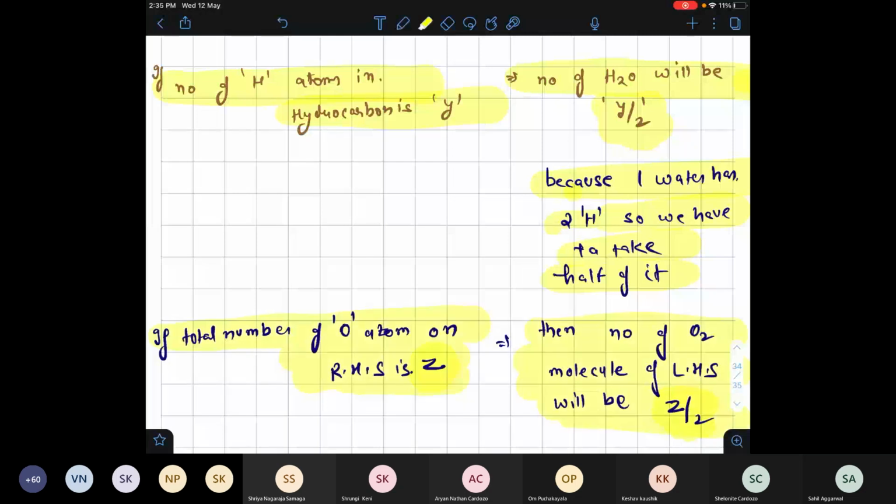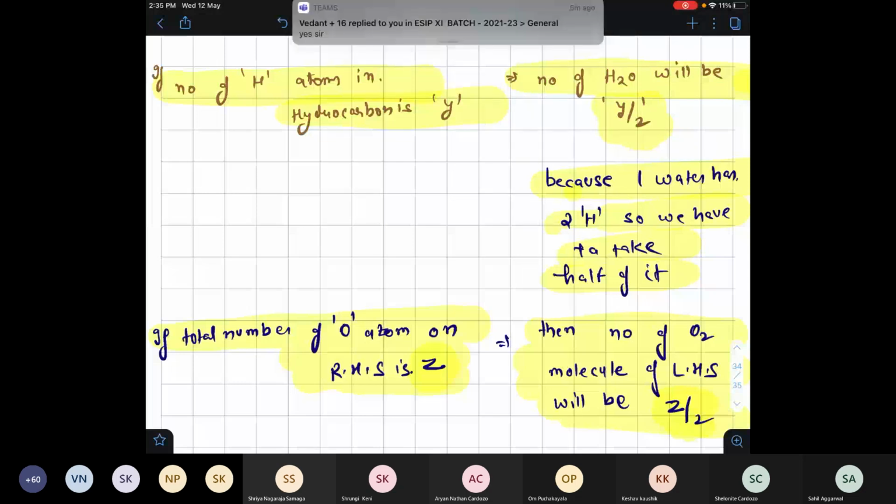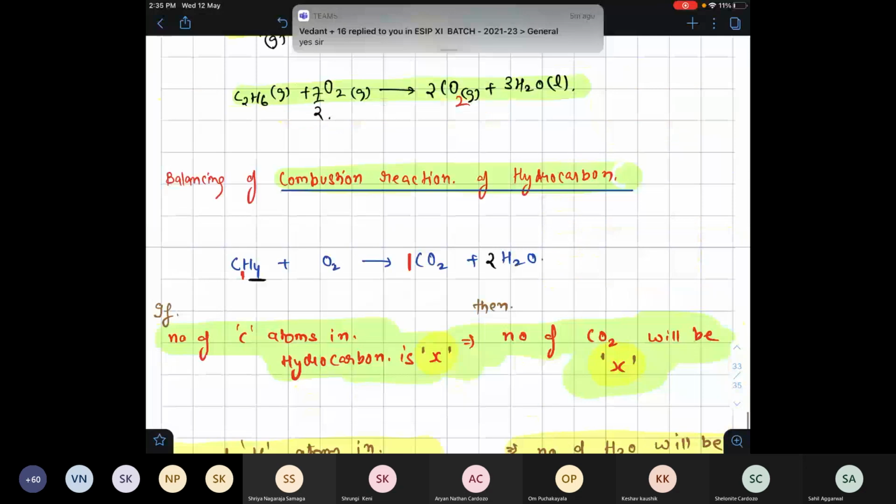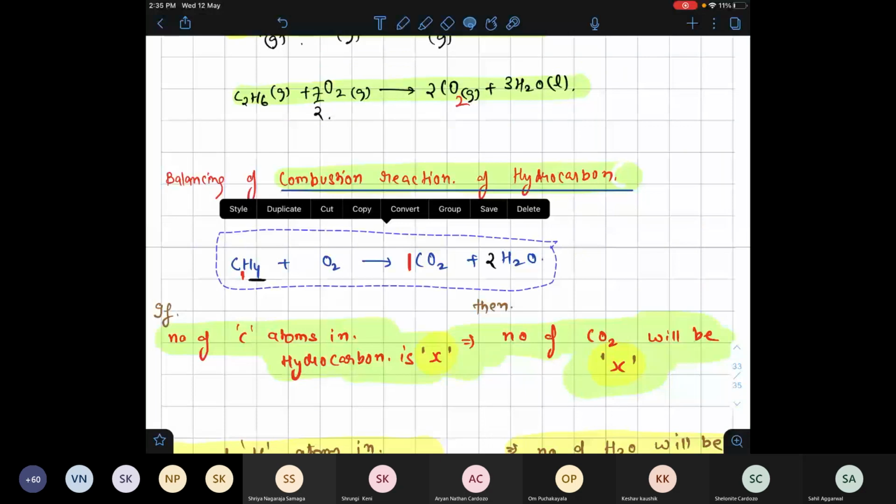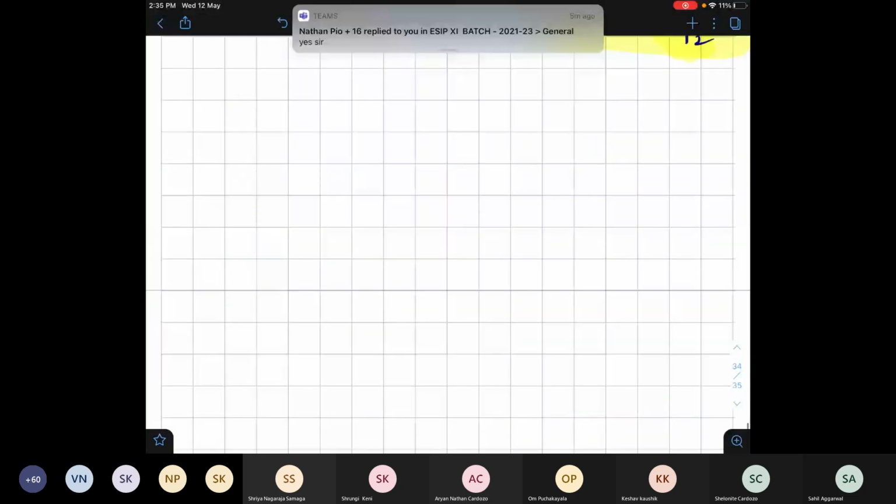Done? Written all the rules? We will try to apply this on this reaction again, as we have already written this equation.